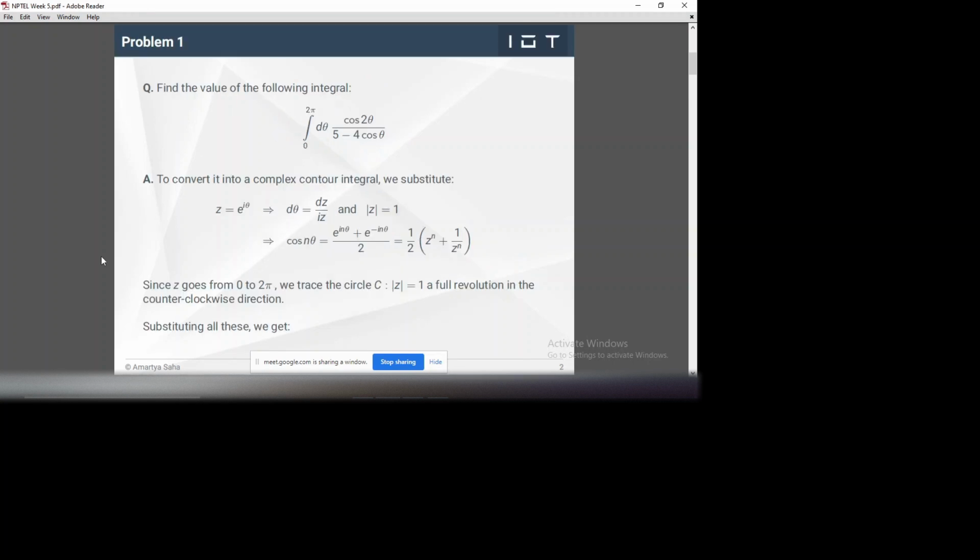All we have to do is substitute z equal to e to the power i theta, and in these kinds of problems there is no subtlety with the contour, because the contour is always chosen as mod z equal to 1. So we always get the unit circle centered at the origin as the contour.